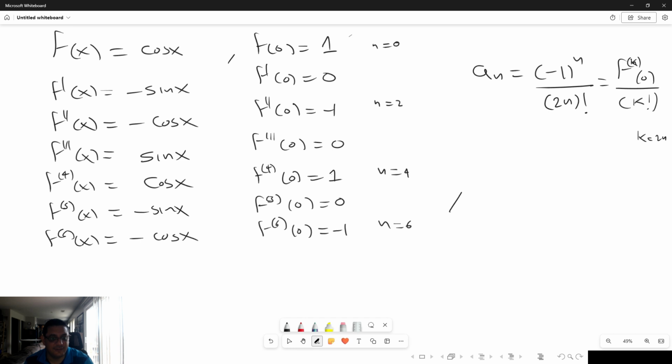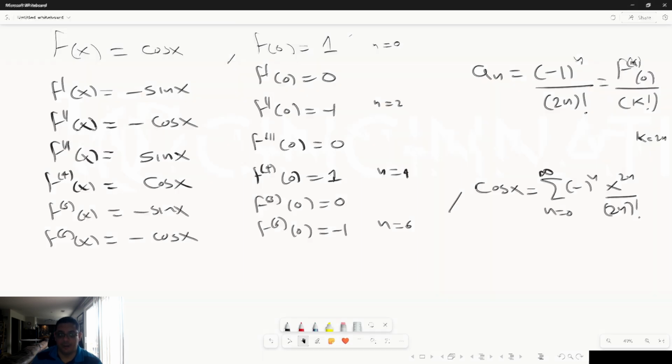And so what this tells me is that cosine of x can be represented as the series from n equals 0 to infinity of minus 1 to the n, x to the 2n, since only the even members are surviving, over 2n factorial. And that concludes some examples of representations of Maclaurin series.